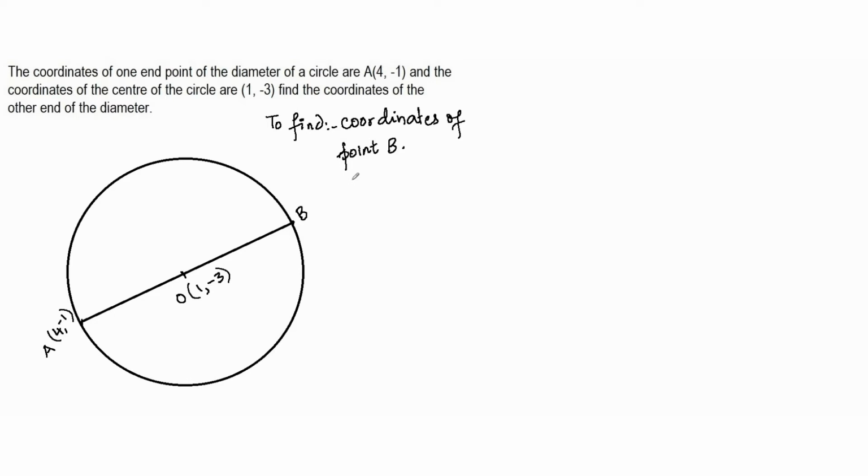That is the question. So again, let the point B be x, y. That means the coordinates of B are x, y. And again we know that the center of the circle is the midpoint of the endpoints of the diameter.